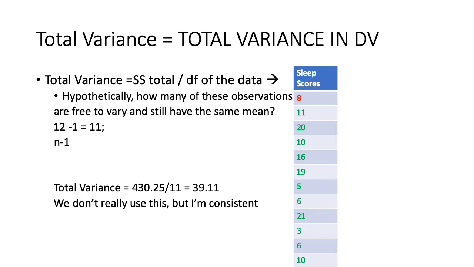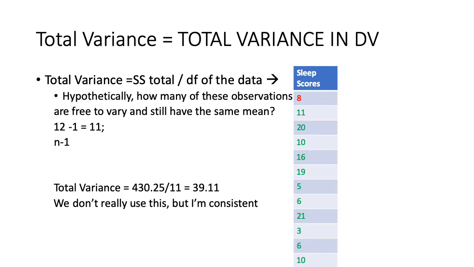Riddle me that, right? Well, I didn't actually take the numbers out or change them, but technically, 11 of these 12 numbers are free to be anything just due to the rules of math. This 10 at the bottom could be 1,000,000. This 6 could be negative 1,000,000.